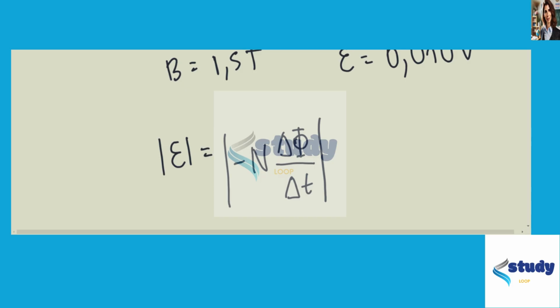Now, from this, we can use this expression to determine the interval of time during which the magnetic field goes from its initial value, that is this value in here, to a final value that is going to be 0.